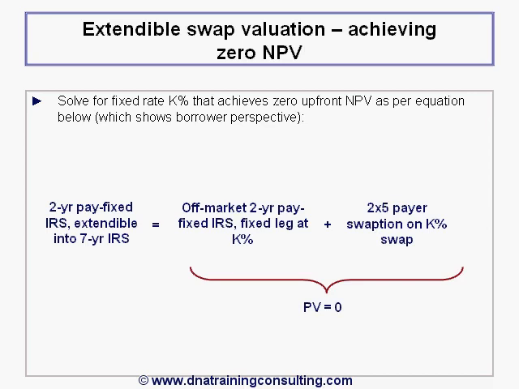In effect, the borrower will enter into an off-market swap for years 1 and 2, whose negative PV, from his perspective, offsets the positive PV of the 2x5 payer swaption that the bank will grant him in exchange.